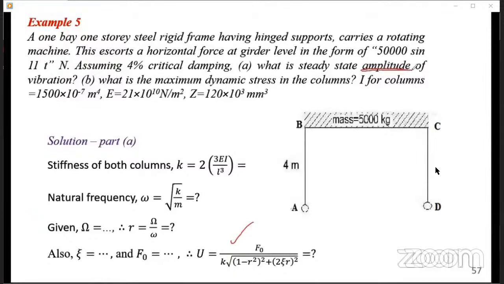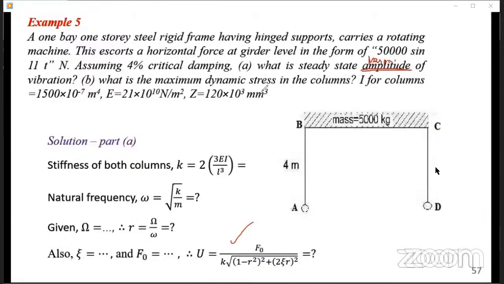Note here we are just concerned with the amplitude. If you ask what is the steady state response, steady state response means you can get the displacement at different times.